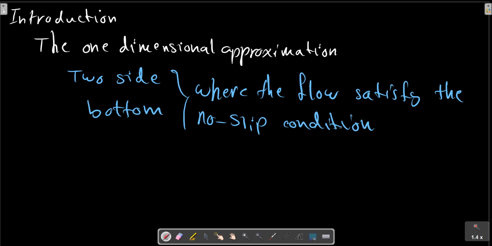Therefore, even a straight channel has a three-dimensional velocity distribution.